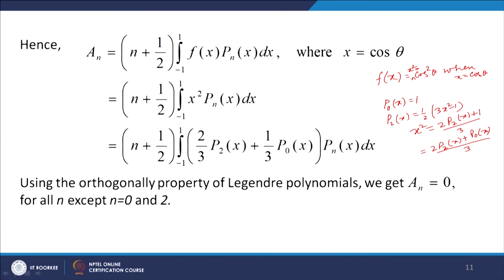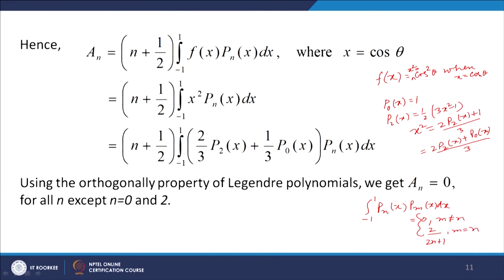Now, let us recall the orthogonality property of the Legendre polynomials. The integral from -1 to 1 of P_n(x) P_m(x) dx is equal to 0 whenever m is not equal to n, and this is 2 over (2n plus 1) when m is equal to n.